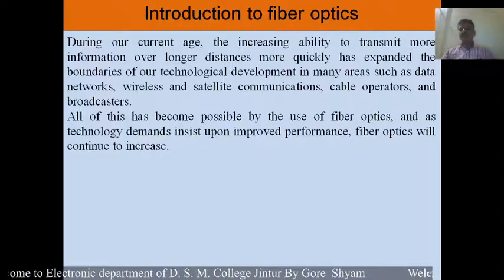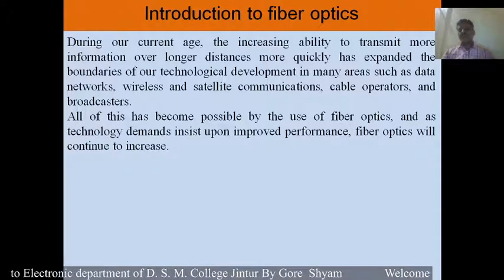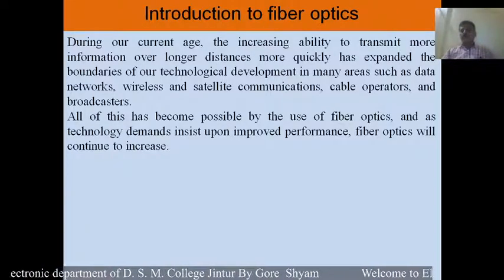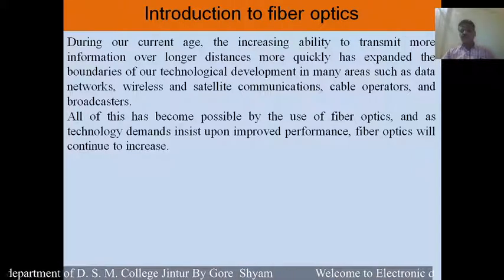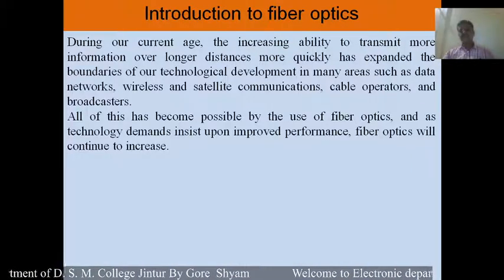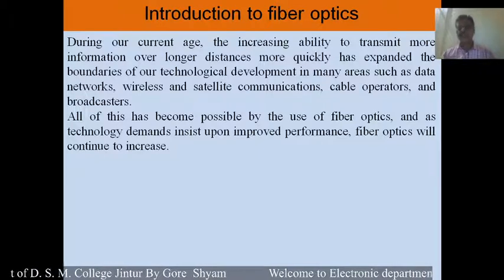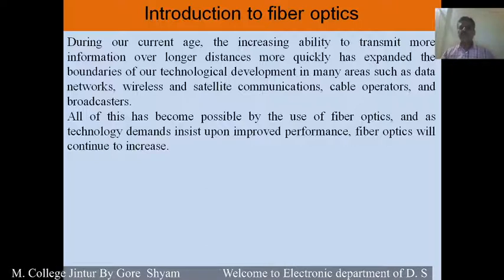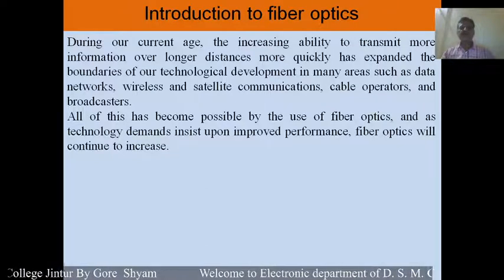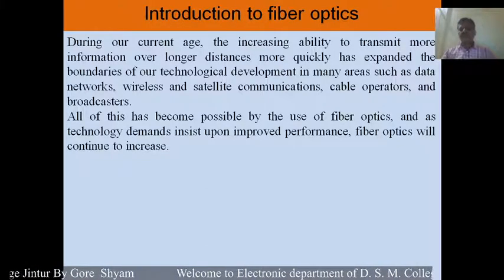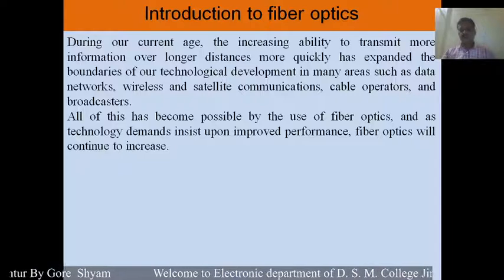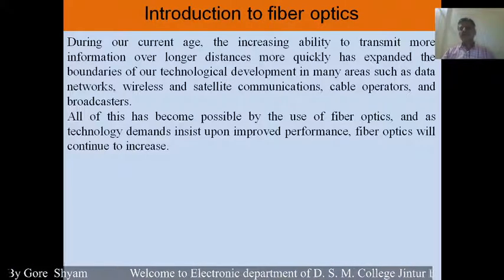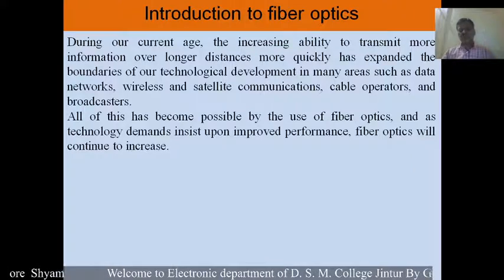Before that, we were using different techniques for the transmission of data or information from one place to another, and that is wire communication. With the help of copper wire, information can be sent from one place to another. Similarly, we use wireless communication.